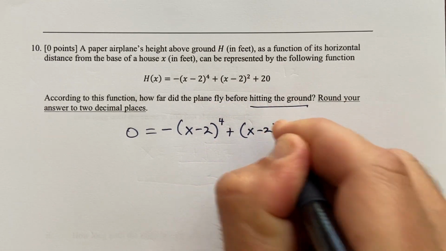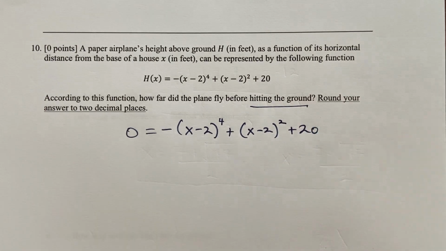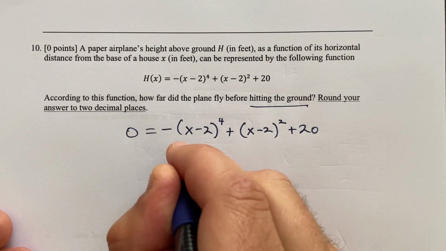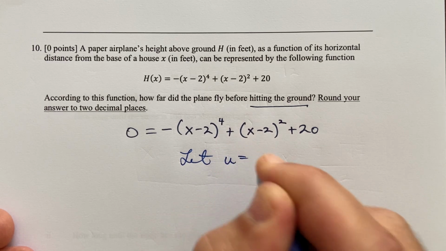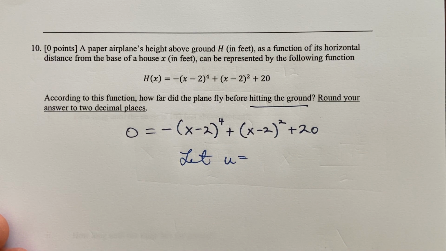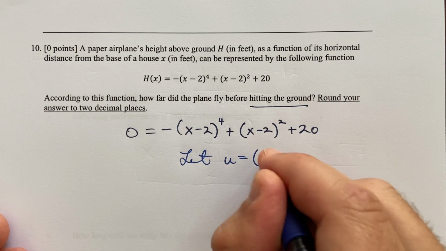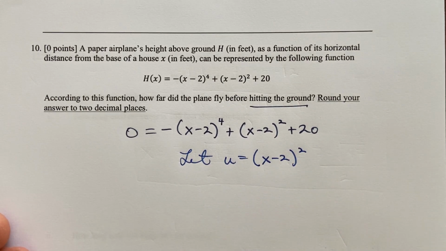This is one of our equations that is not quite quadratic. So what we want to do is make a substitution so that this is reduced down to a quadratic equation. I will choose to let u equal x minus 2 all squared.